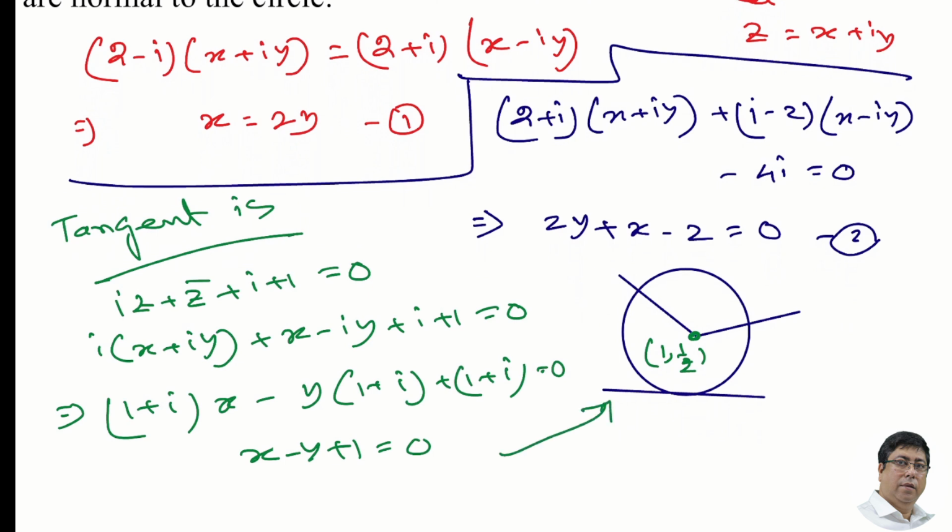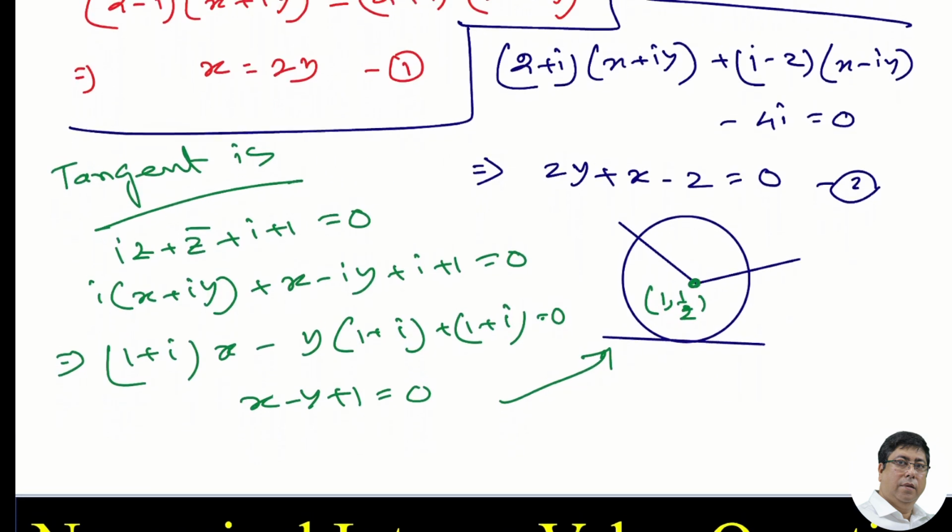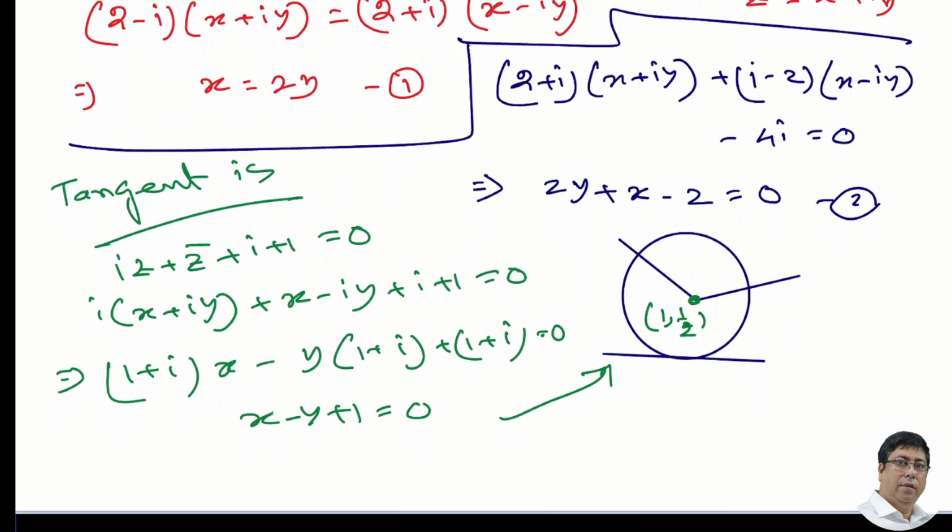So the length of the perpendicular is the radius. Therefore, in this case, radius r is the perpendicular distance from (1, half) to the straight line. So r equal to, directly putting the value, divided by root over a square plus b square. So r equal to 3 by 2 root 2.